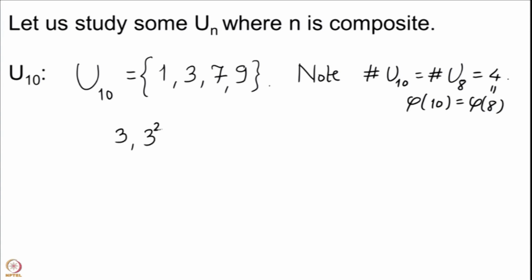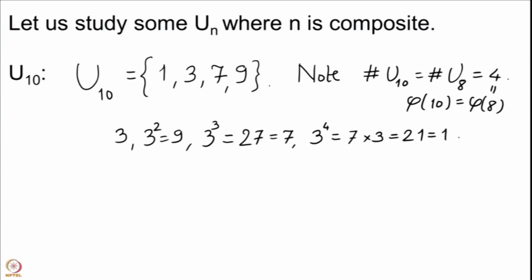So, 3 square is 9, 3 cube is 27 which is 7 because we are working modulo 10, and then 3 raised to 4 is 7 into 3, this is 21 and therefore this is 1. So, the order of 3 in this group is 4, and so we get that U10 is isomorphic to C4.